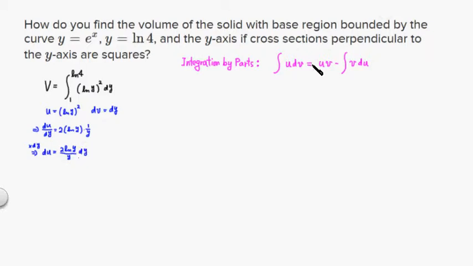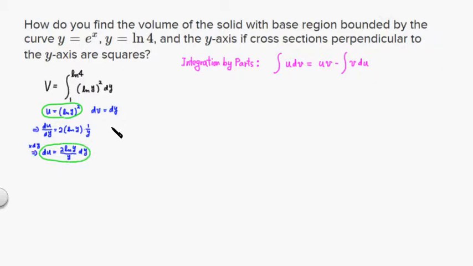Right, so we're gonna need v and du. So we found du there. So maybe I'll circle that. So we need du here. All right, let's see. I need u here, and we found the du, which looks like this.